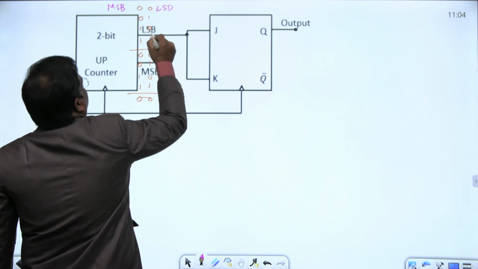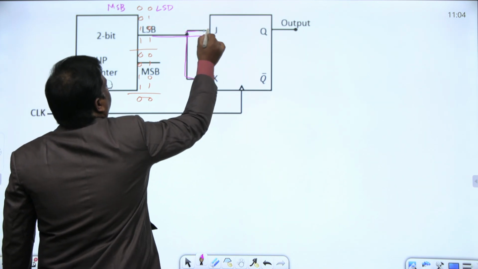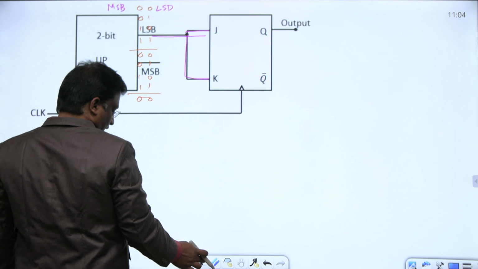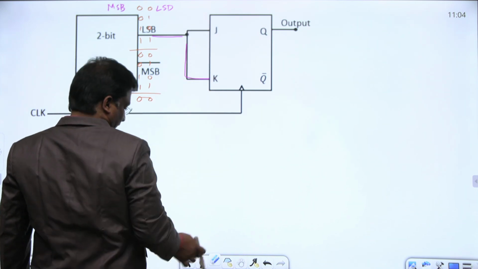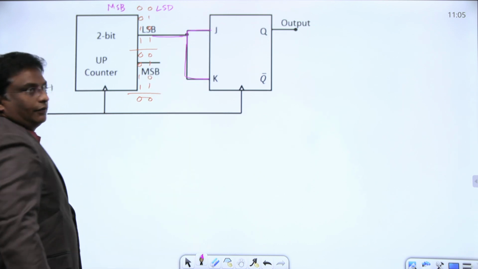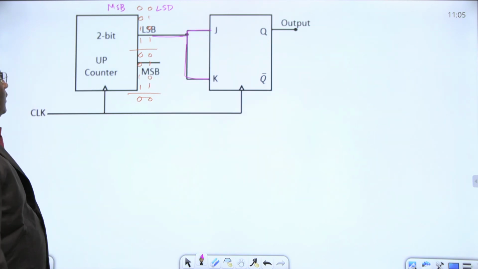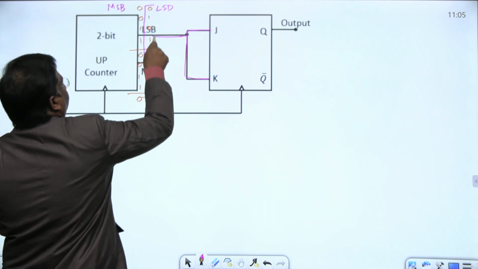These LSB bits are given as the input to the JK flip flop. Okay, let us give these inputs and let us see.